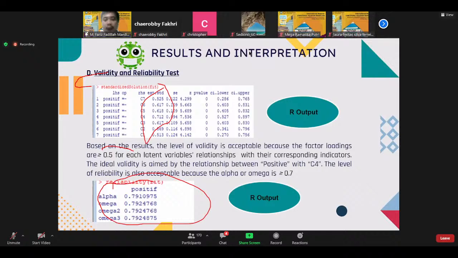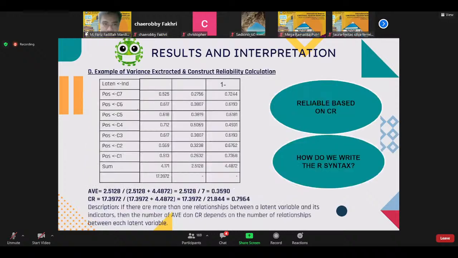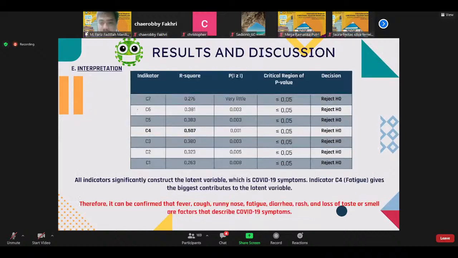Okay, and then you can investigate using the variance extracted and construct reliability test. Here you can determine the AVE and CR values, and then this is the interpretation. Based on the interpretation, we can see that all of the indicators significantly track the latent variable, which is COVID-19 symptoms. Indicator C4, or fatigue, gives the biggest contribution to the latent variable. Why?